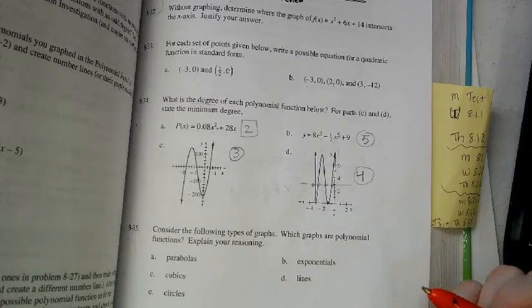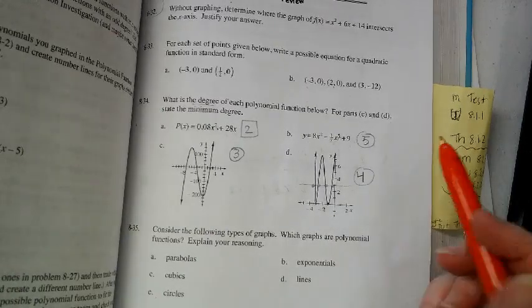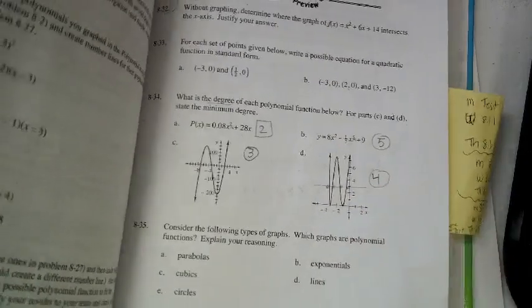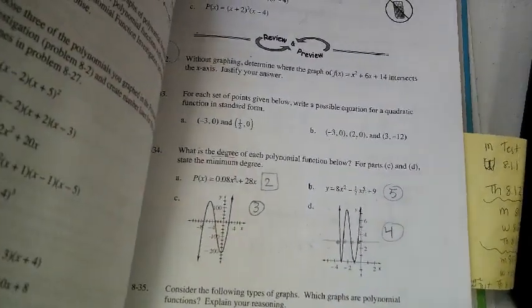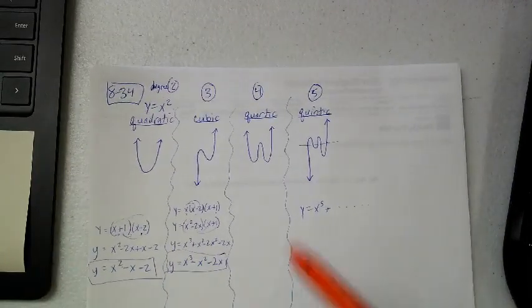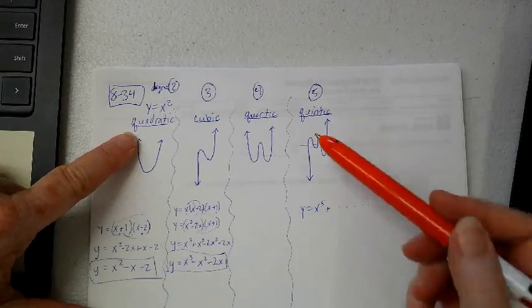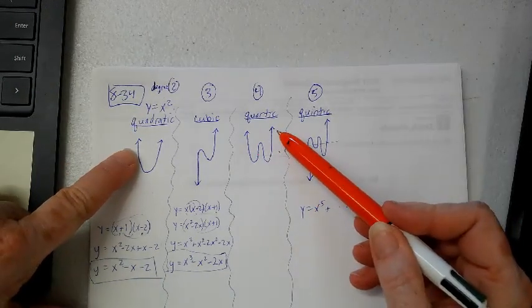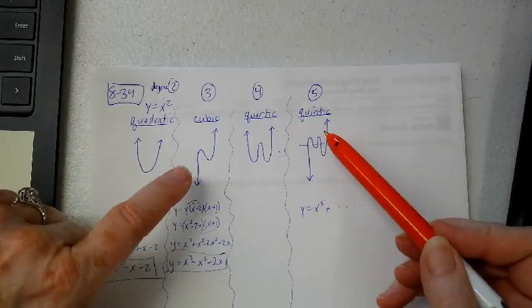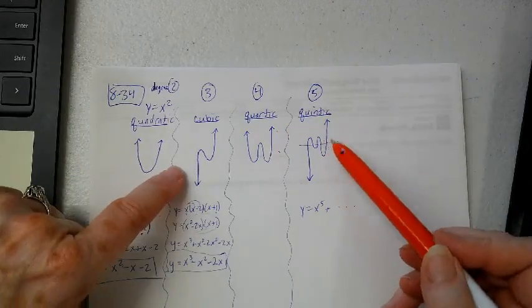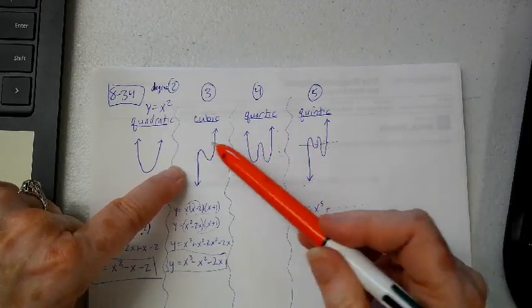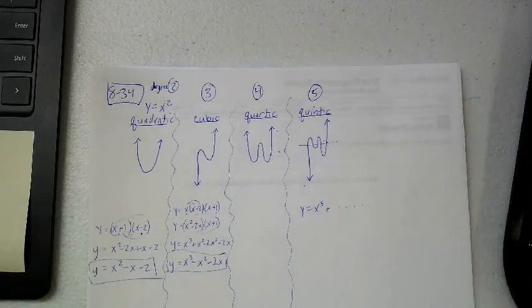Another thing that might have been missed if you were absent: things that have an even degree, like this one and this one, see the end behavior, the little arrows, they point in the same direction. If you have an odd degree, you're going to have one arrow pointing up and the other pointing down. Those are just a couple things you may have missed.